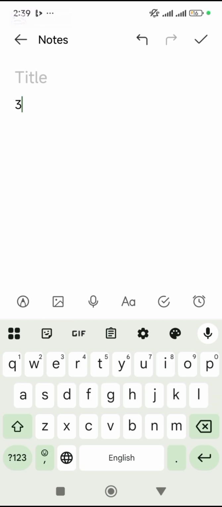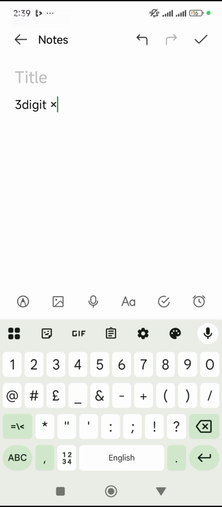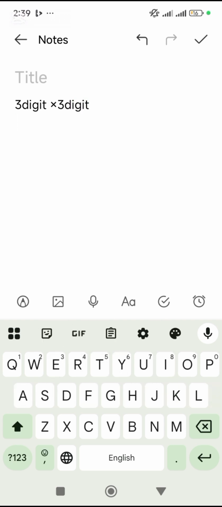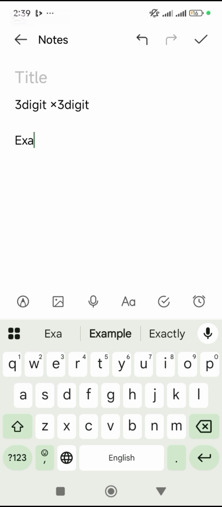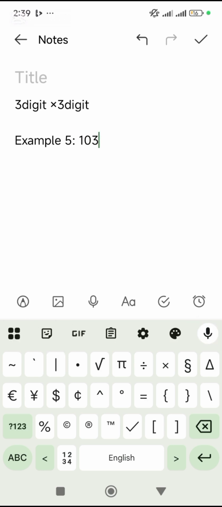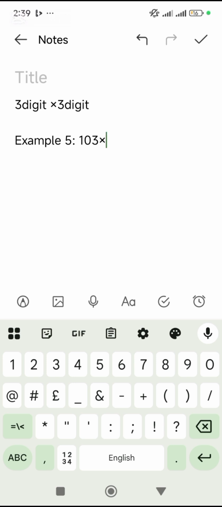Let's see how to multiply 3 digits times 3 digits. This will be example 5. Say 103 times 211.